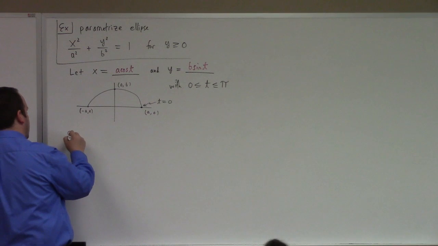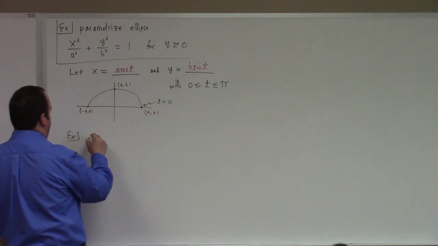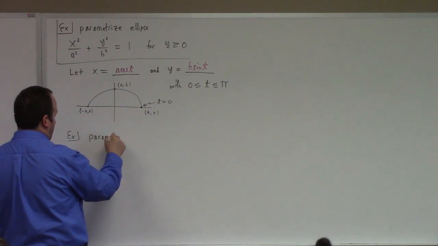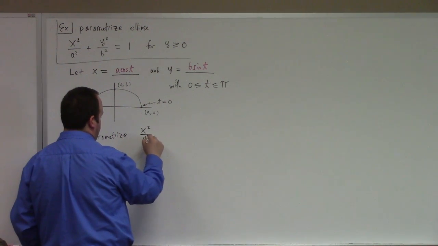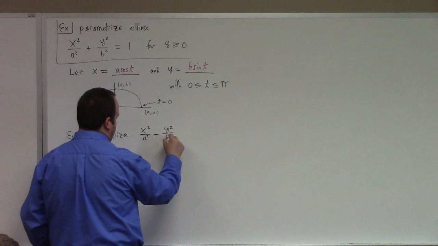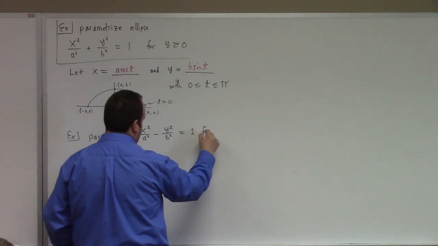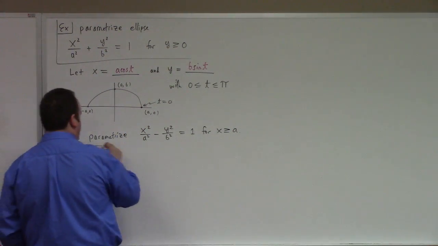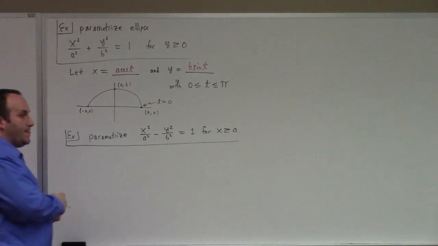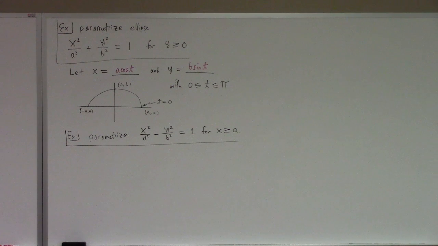What if we had this? Parameterize x squared over a squared minus y squared over b squared equals 1 for x greater than or equal to a. What would you do? Ball's in your court.